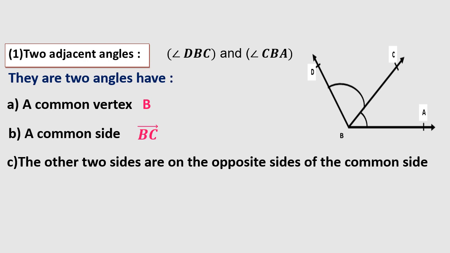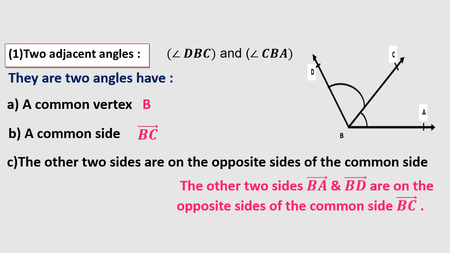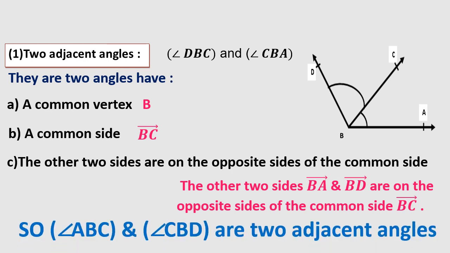The other two sides are on the opposite sides of the common side. The other two sides, BA and BD, are on the opposite sides of the common side BC. So, the angle ABC and the angle CBD are two adjacent angles.